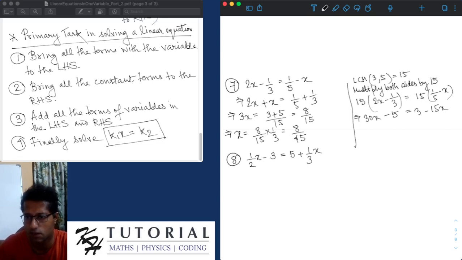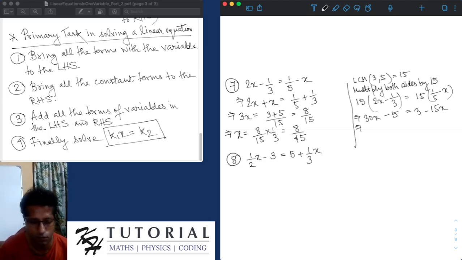So now all the constant terms are integers, and all the coefficients of the variable terms are also integers.